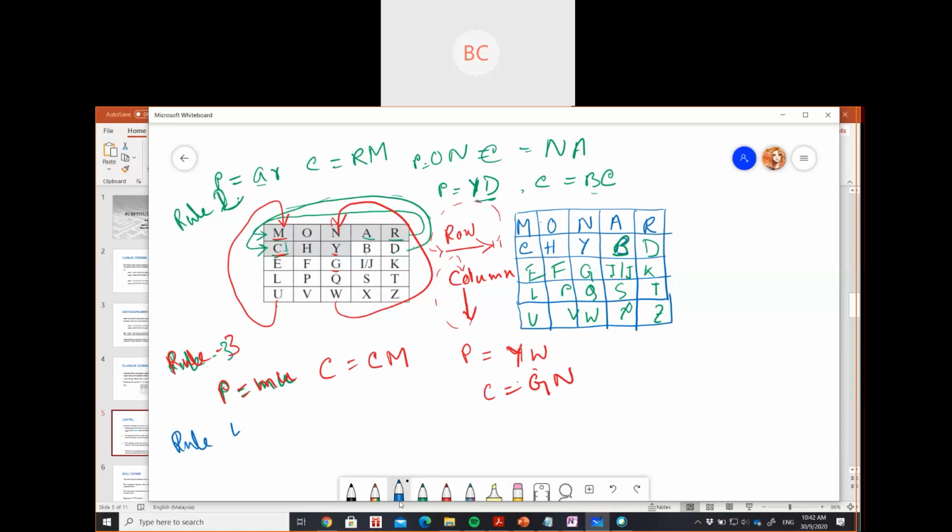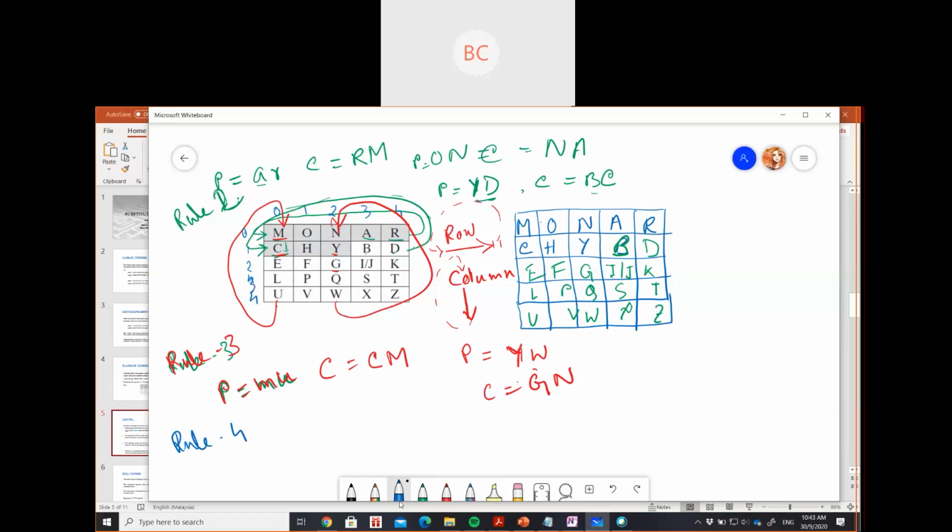What it will do, you can think of it as a table with 0, 1, 2, 3, 4. I'm just giving an example.